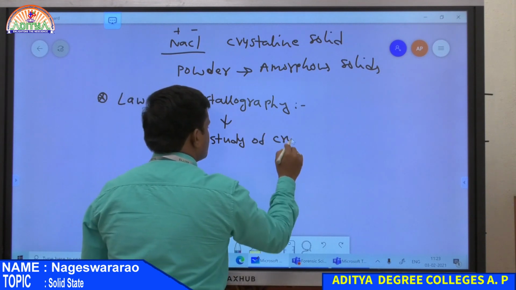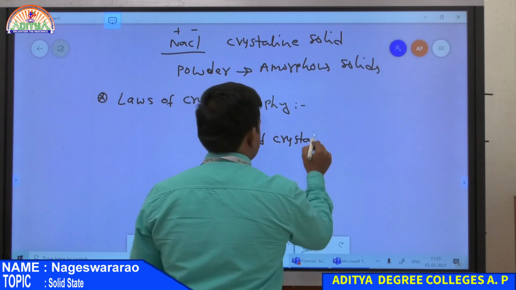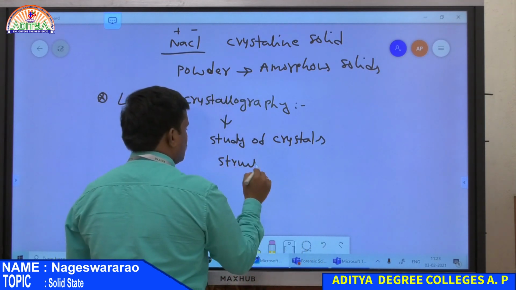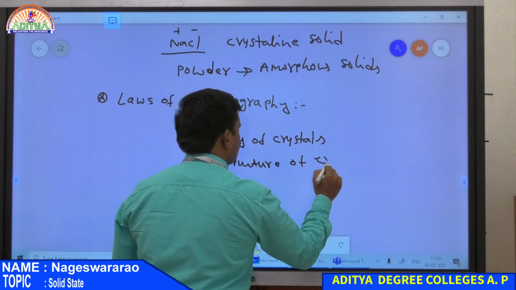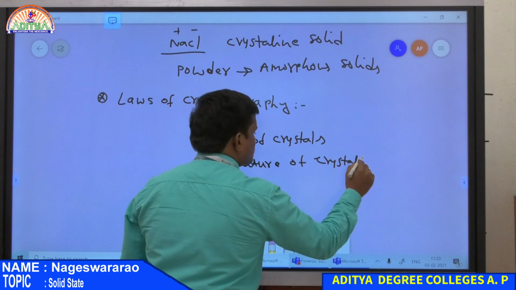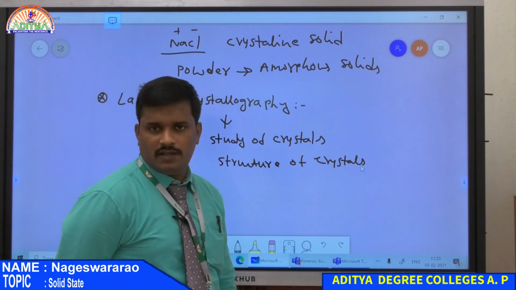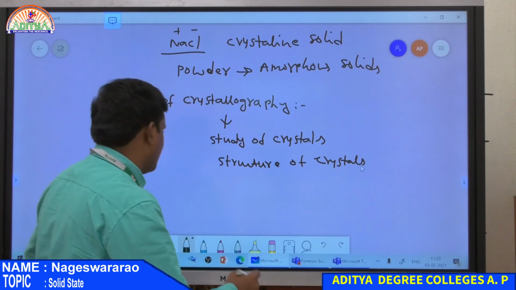Study of crystals means the structure of crystals. That science which deals with the structure of crystals is crystallography. In crystallography, there are three important laws.